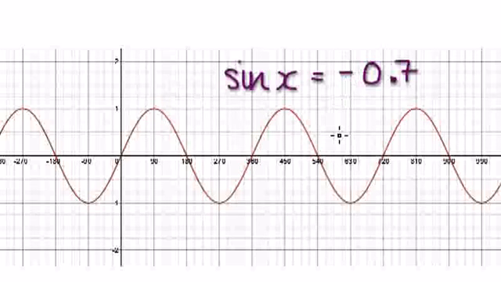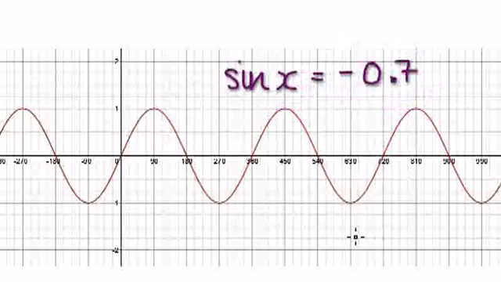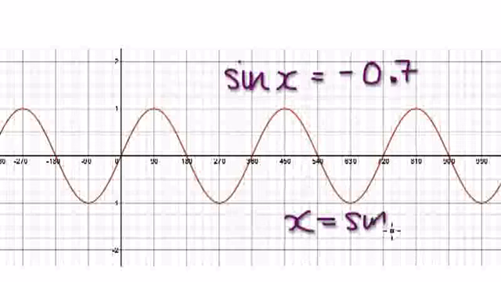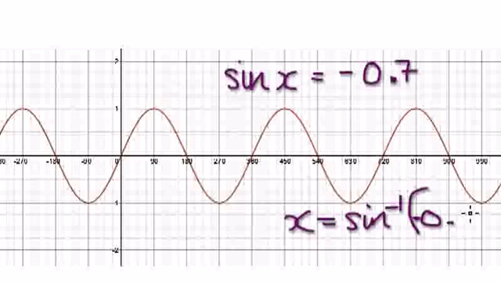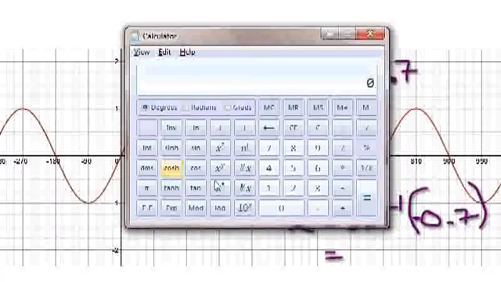Okay, so let's inverse this and find x by inversing this number. Jump to your calculator. Inverse sine of negative 0.7.